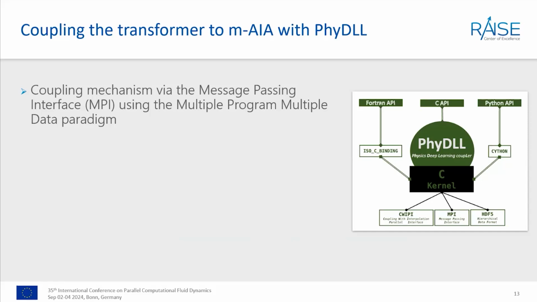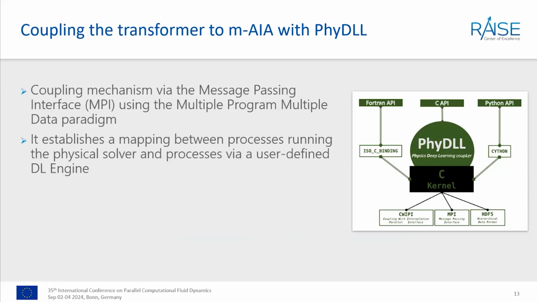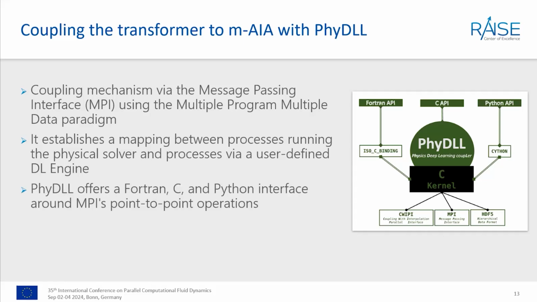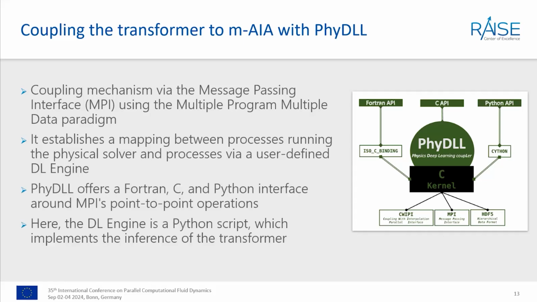It works via an m-AIA based multiple data paradigm. It establishes a mapping between the two processes running on the physical and the DL side. As I said, there are already these different interfaces available, and in our case, the DL engine is the Python script which does the inference of the transformer model.